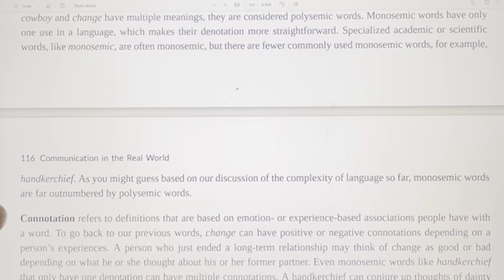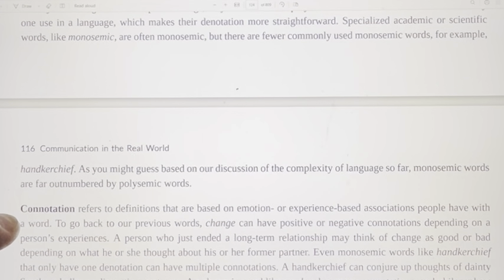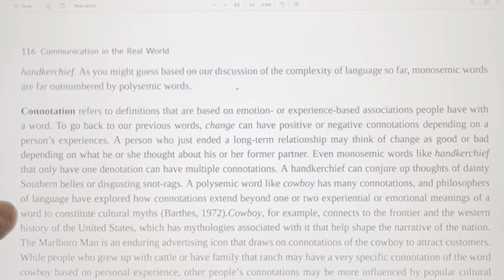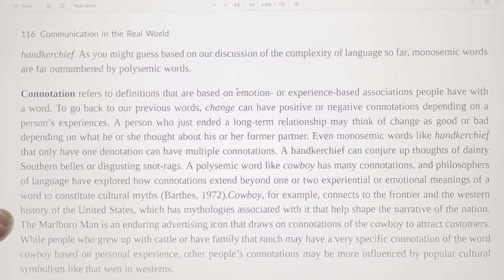Specialized academic or scientific words are often monosemic, but there are fewer commonly used monosemic words. For example, handkerchief. As you might guess, based on our discussion of the complexity of language so far, monosemic words are far outnumbered by polysemic words.